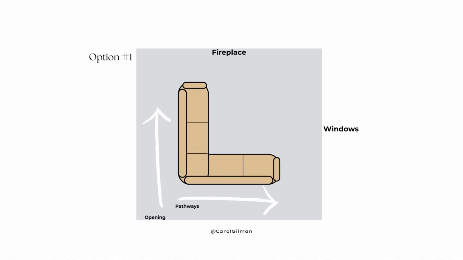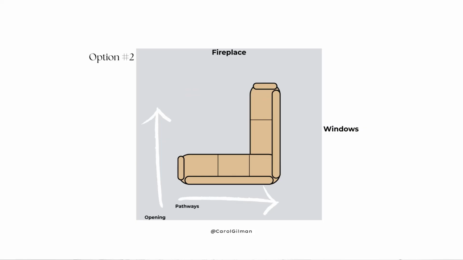We want to have this out in the room, and we can decide to place the L-shaped sectional this way, where we would need to walk around to get inside that seating area, or place it the other way. So which way do you think works better? Which way would be easier?